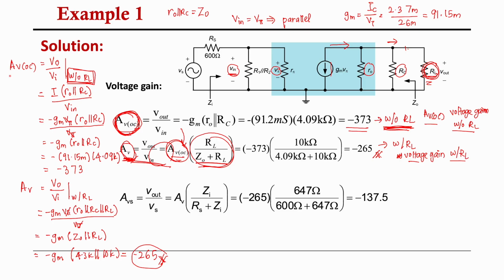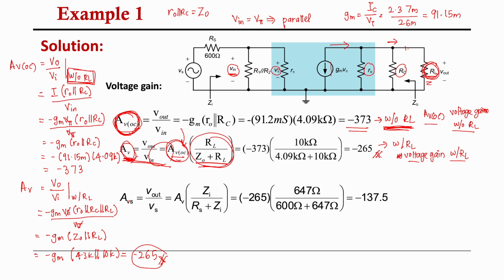The only difference is that for the AVOC, the V out is before the RL, so I only consider the resistance R0 and RC. But for the AV, I consider the V out resistance to be R0, RC, and RL. But the process is the same. And then once you have the AVOC and the AV, the last question asks about the AVS.